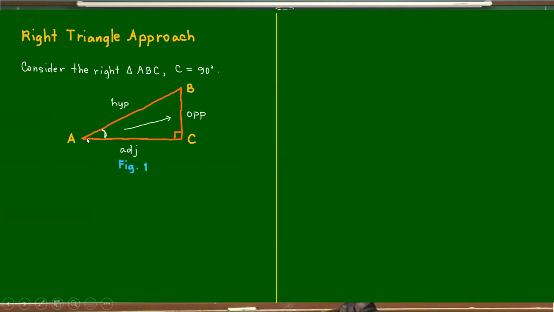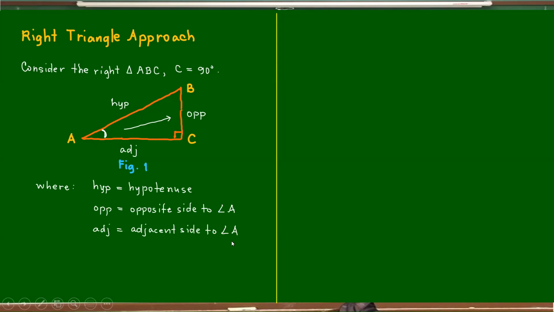Here, opposite to angle A is the side BC, which we are going to denote by OPP, meaning opposite side to angle A. Then adjacent to angle A is the side AC, denoted by ADJ, meaning adjacent side to angle A. And then the side AB, which is opposite to the right angle, is the hypotenuse, or HYP. So again, HYP means hypotenuse, OPP means opposite side to angle A, ADJ means adjacent side to angle A.